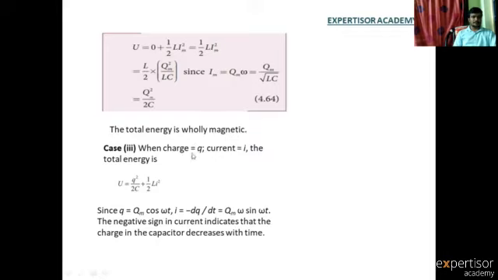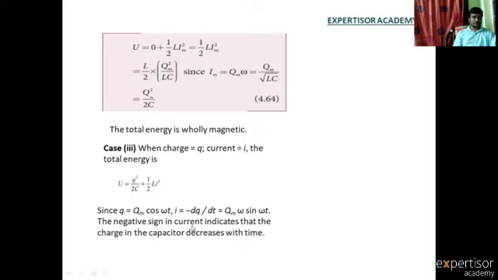Now the third case. When charge is equal to Q, current is equal to I. Here, the total energy is Q square by 2C plus L i square by 2. Since Q is equal to Qm cos omega t, I is equal to minus dq by dt, that is equal to Qm omega sin omega t.